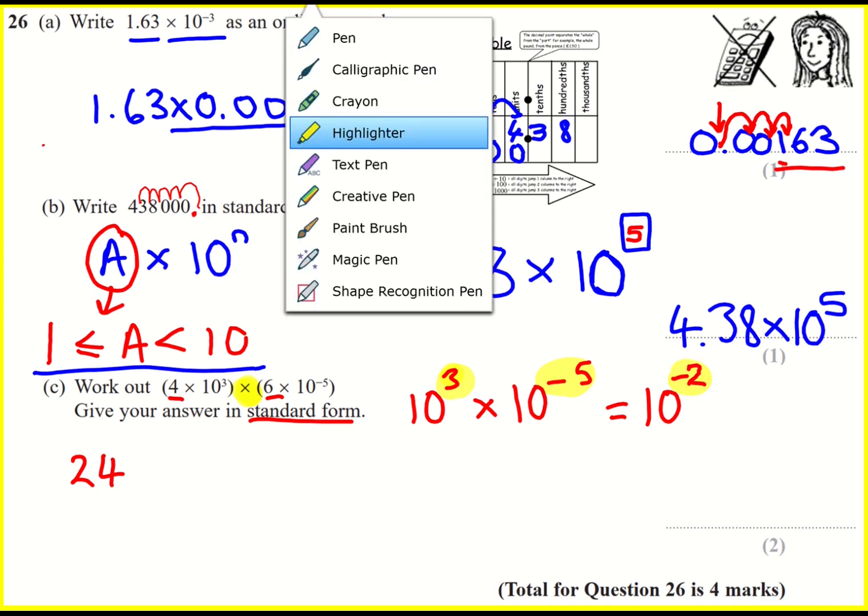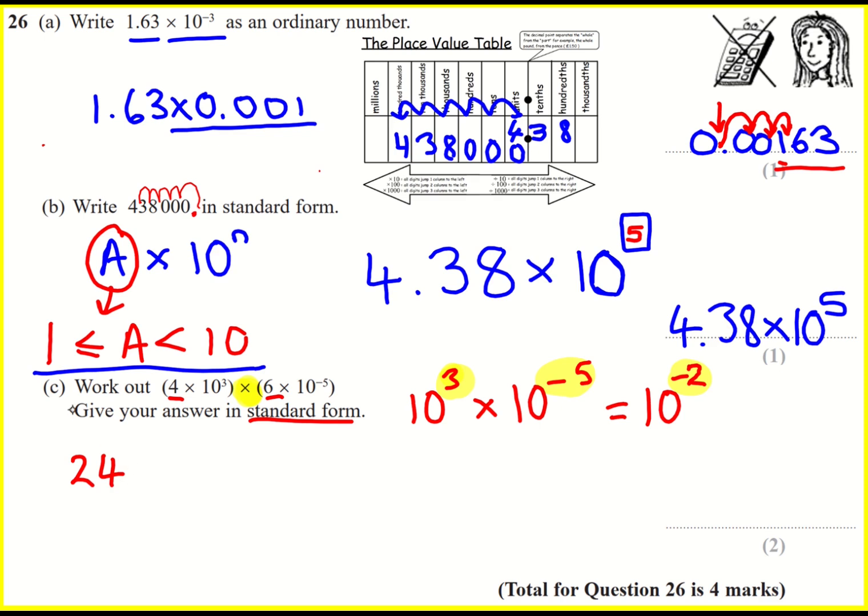So that means this answer would give you 4 times 6 is 24, and 10 to the 3 times 10 to the minus 5 is 10 to the negative 2. It would give you this: 24 times 10 to the minus 2.